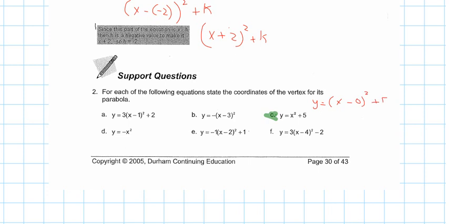Yeah? Because x minus 0 is just x. So I don't have to write that minus 0. So if there's nothing and there's no bracket, that means the h value is 0. So what's your vertex here? 0 and 5.